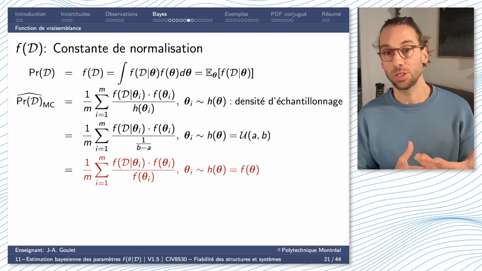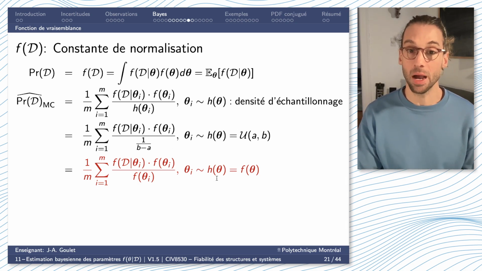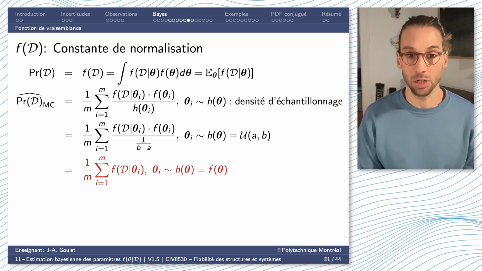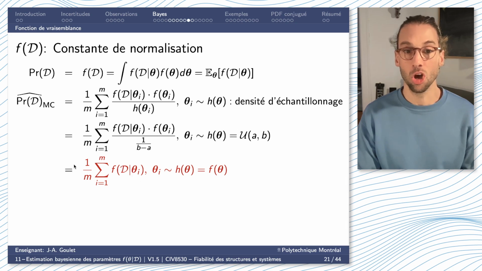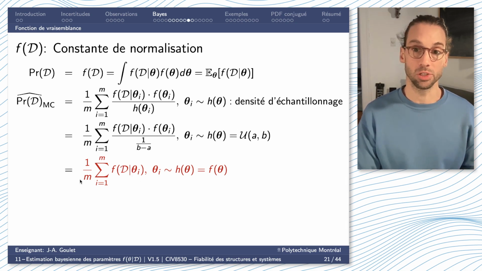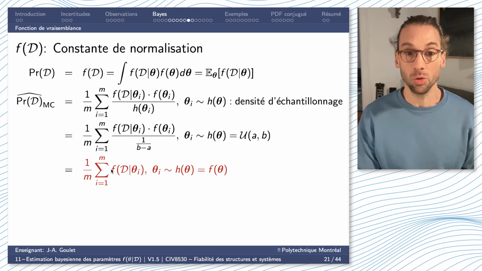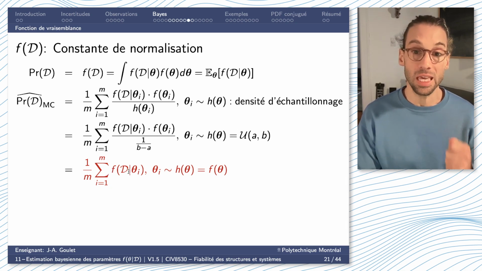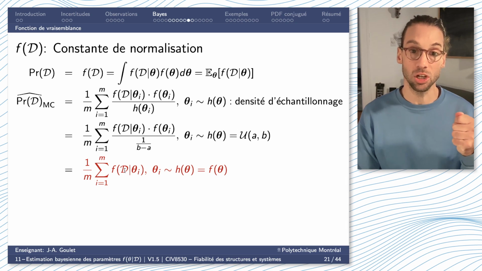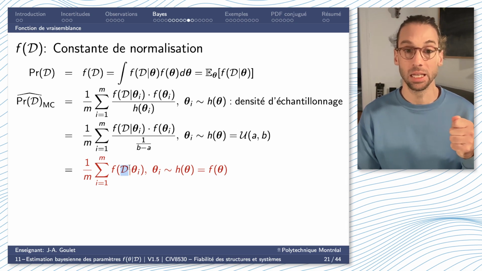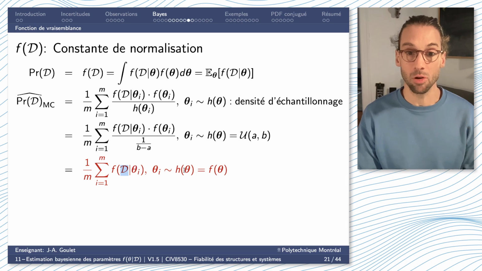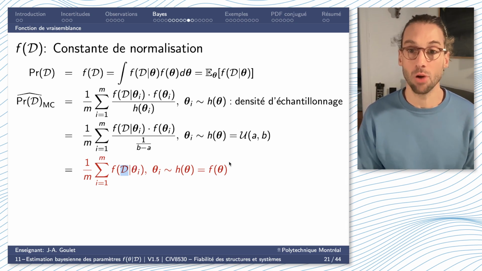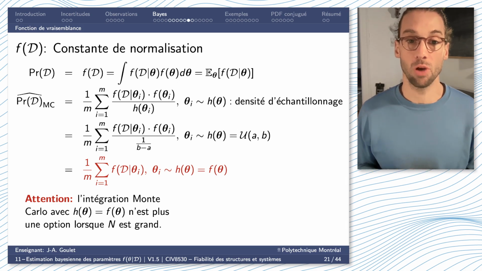If I use the simplified case where I take my samples from the prior probability density, the prior over prior is going to cancel out, and I'm left with that simple formulation: 1 over m, the number of samples I take, times the sum of the likelihood of each of my observations in my dataset D, given the sample of parameters I've taken from the prior distribution of those parameters.